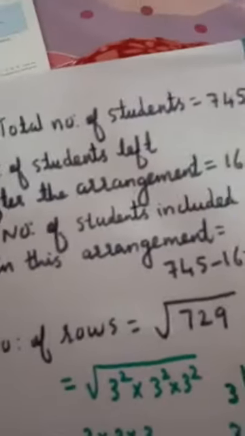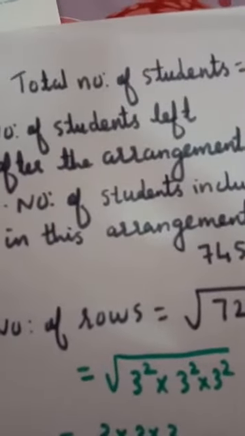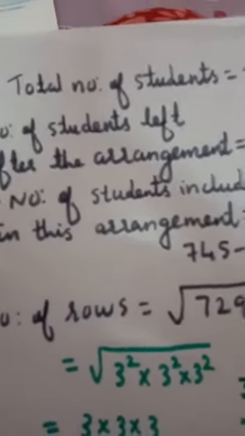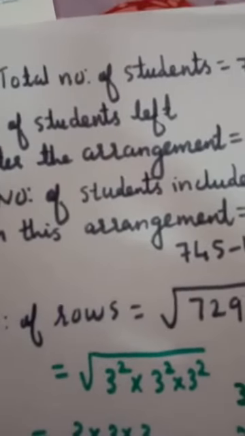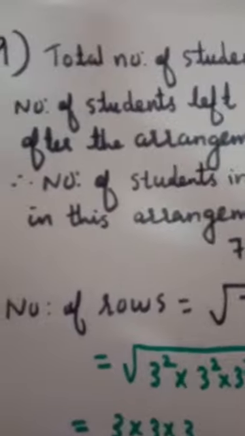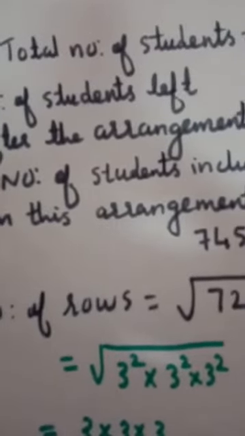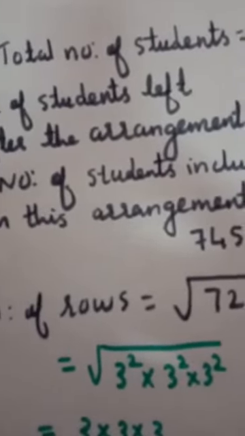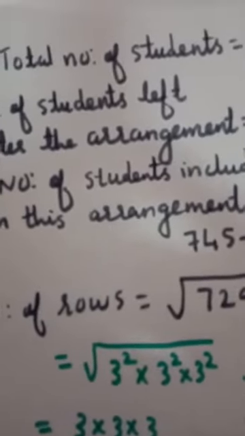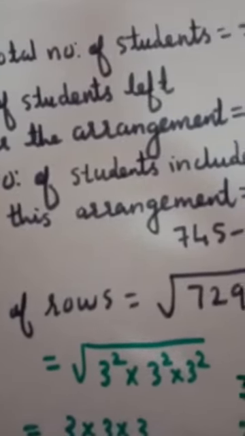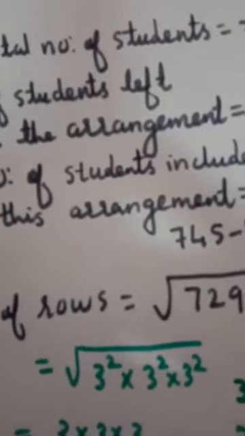Next, question number 9. See, before that, look at question number 8. All of you look at question number 8. A man, after a tour, finds that he had spent every day as many rupees as the number of days he had been on tour. How long did his tour last if he had spent in all 1296 rupees?